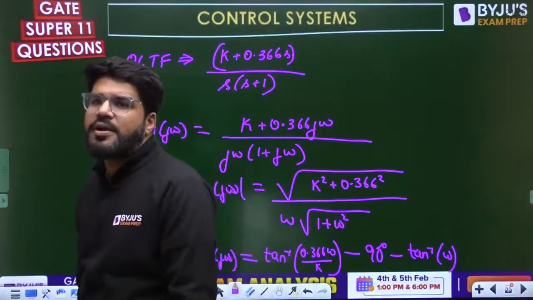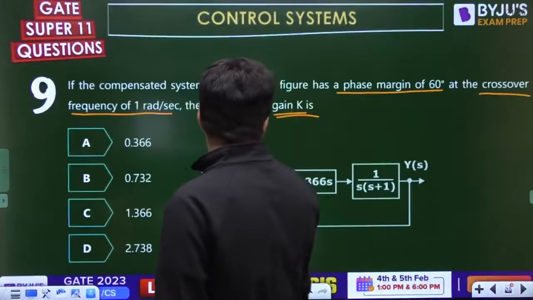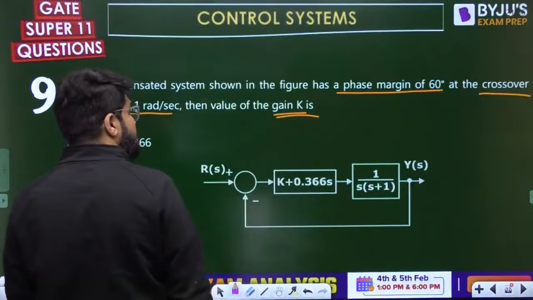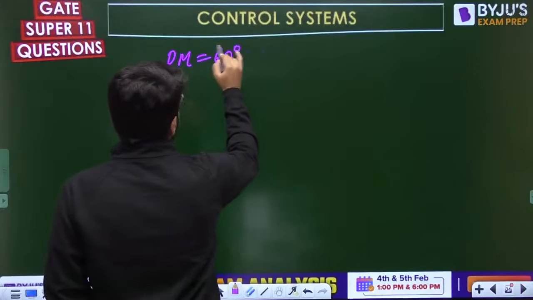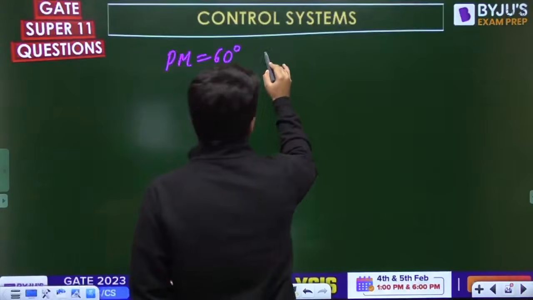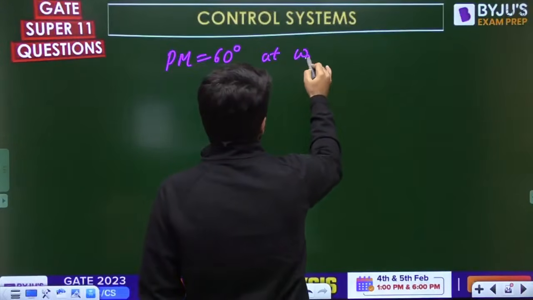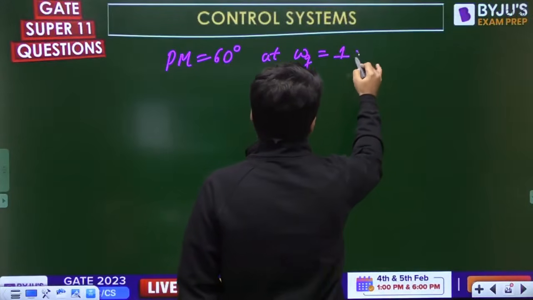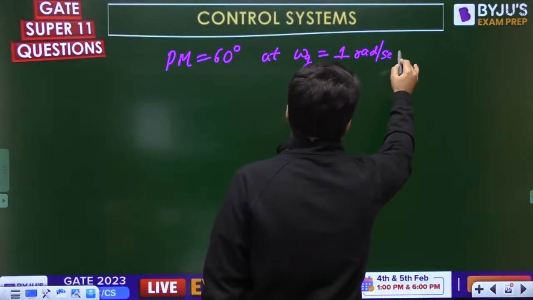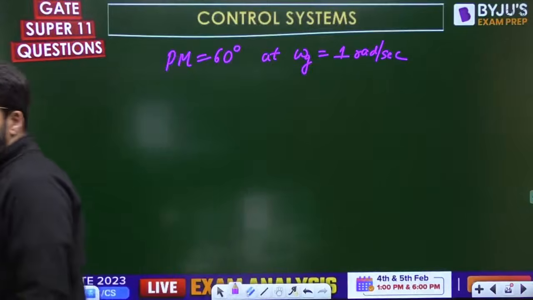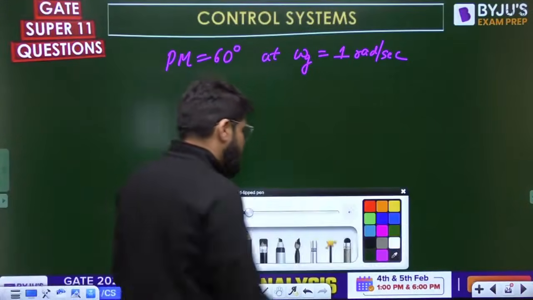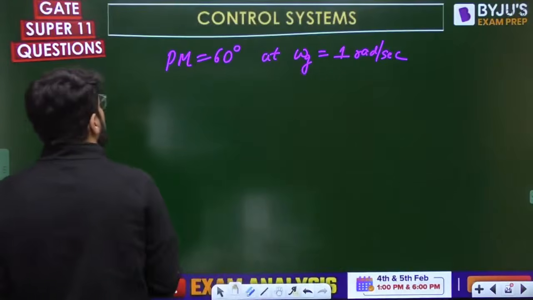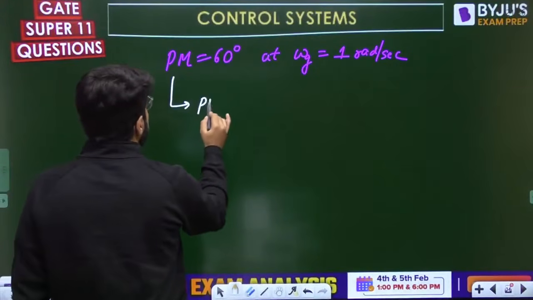Now what is the important thing here? They have first given the phase margin and crossover frequency both. You are given a phase margin of 60 degree, and the phase margin is calculated at the gain crossover frequency. So at 1 radian per second, the phase margin is 60 degree. What is the phase margin formula?